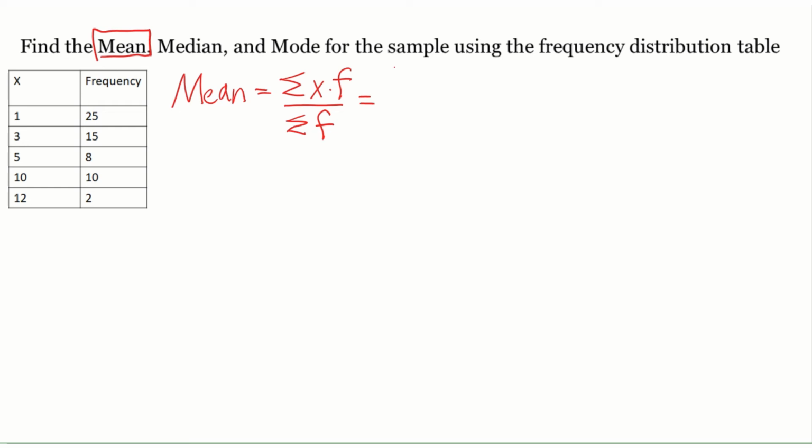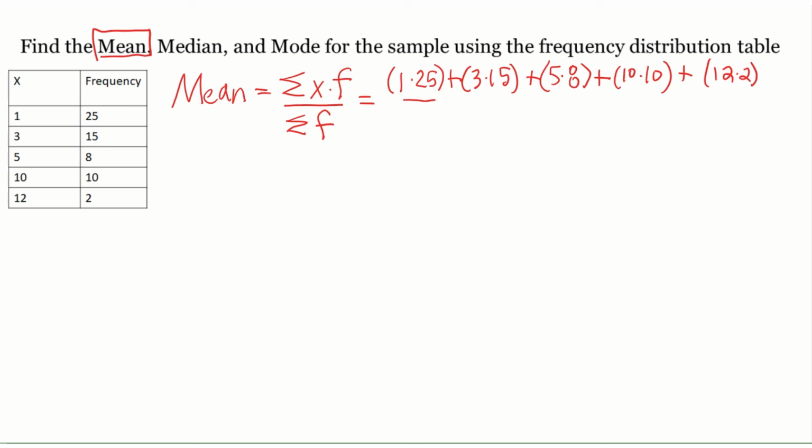So on the top, we're going to have 1 times 25 plus 3 times 15 plus 5 times 8 plus 10 times 10 plus 12 times 2.